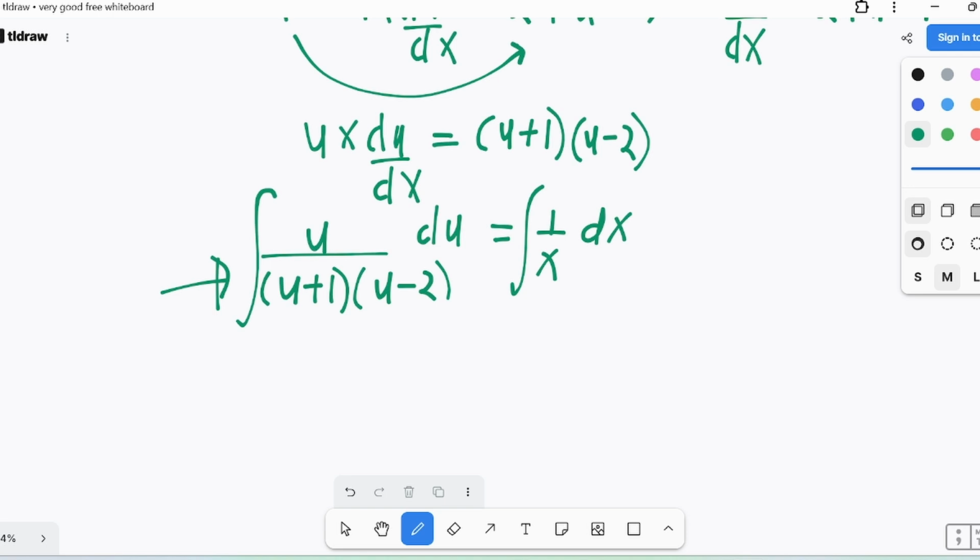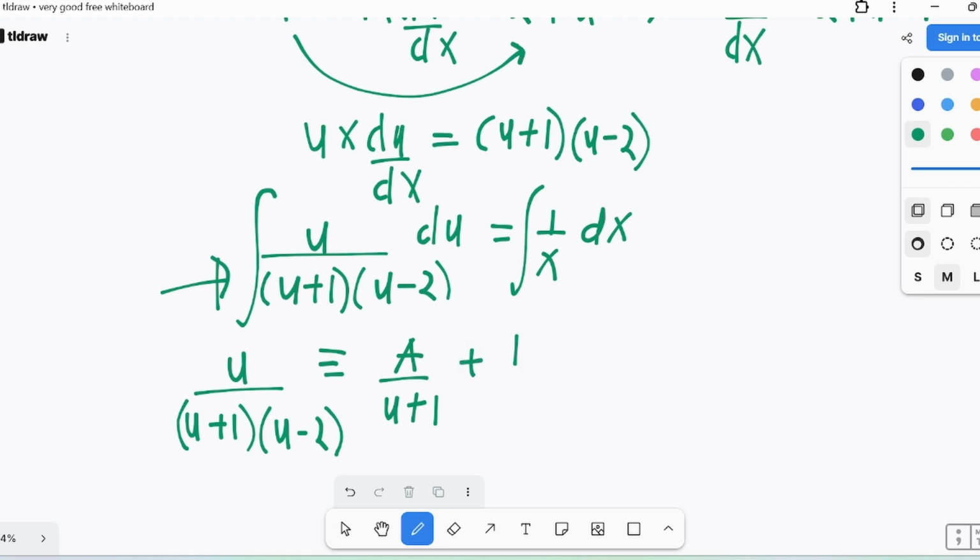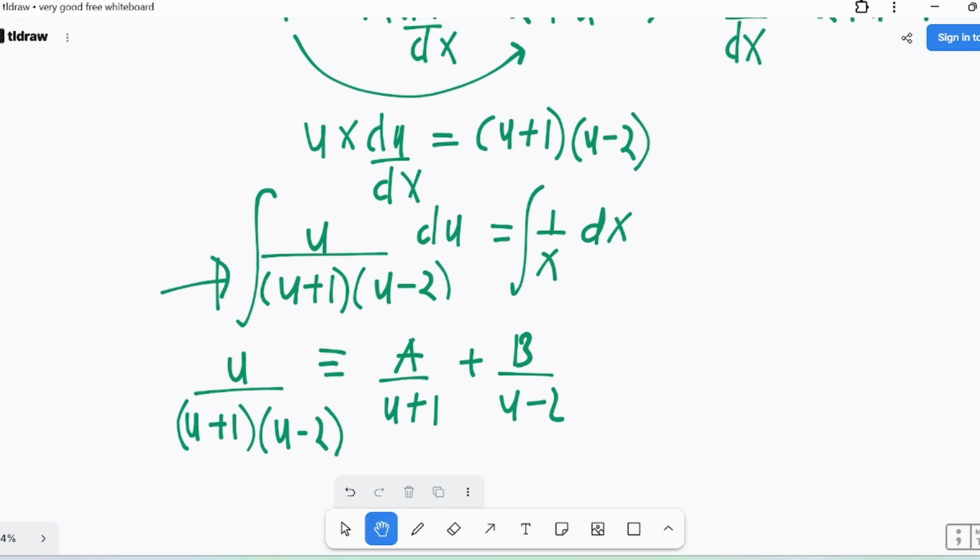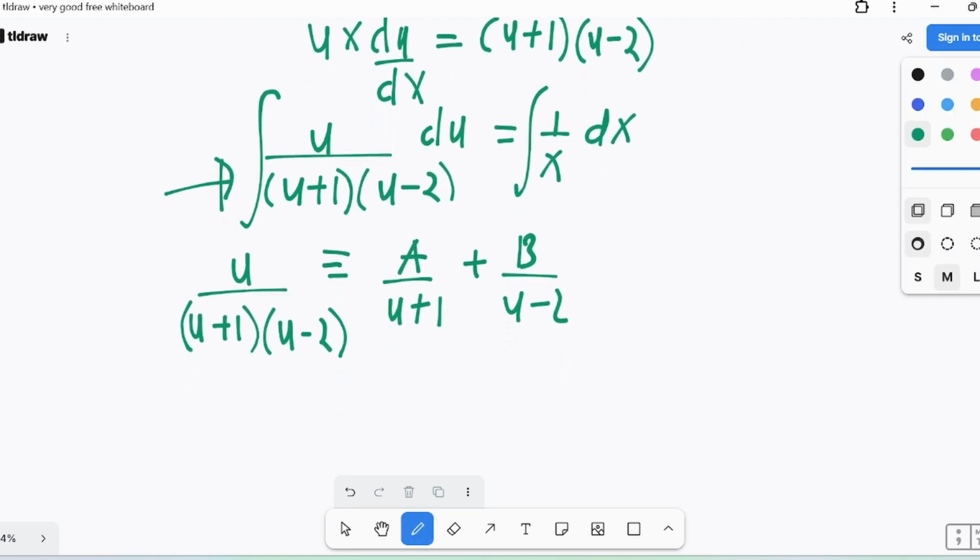This partial fraction is the same as u out of u plus 1 into u minus 2 is identically equal to a out of u plus 1 plus b out of u minus 2.